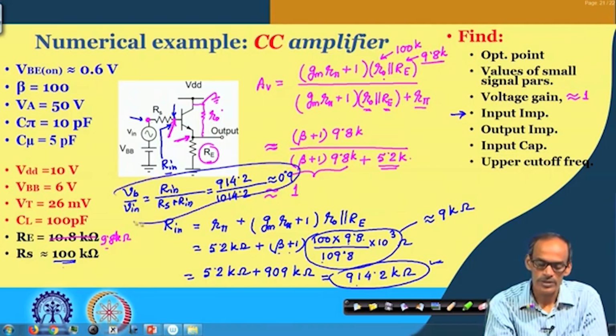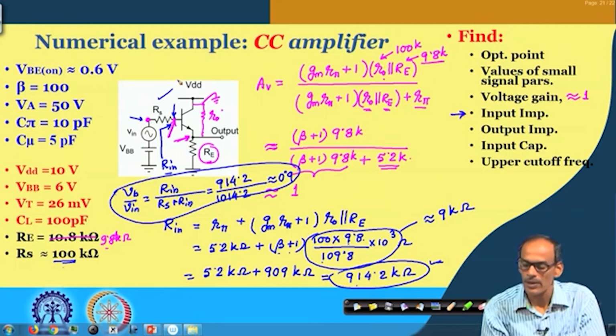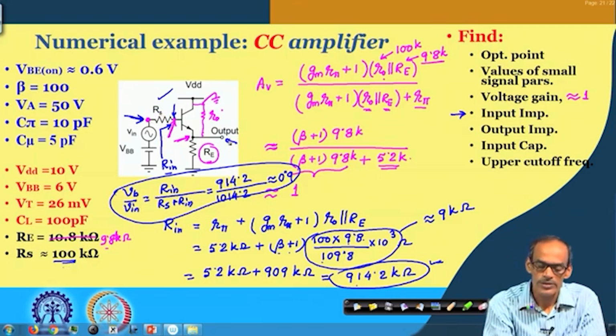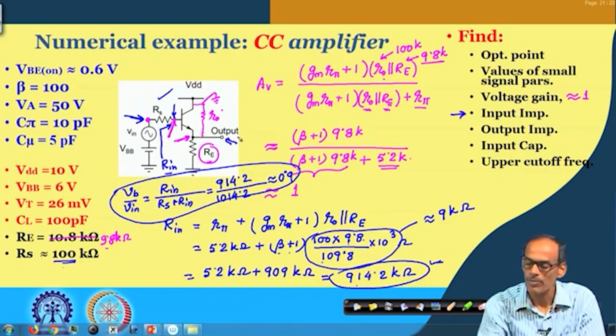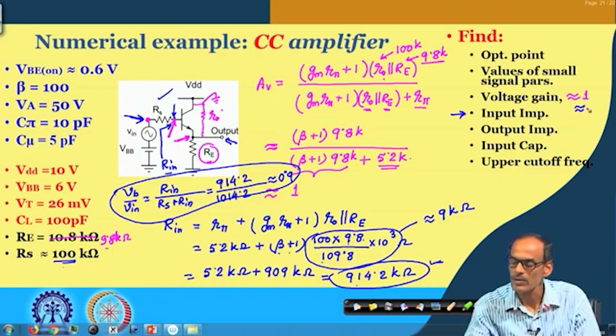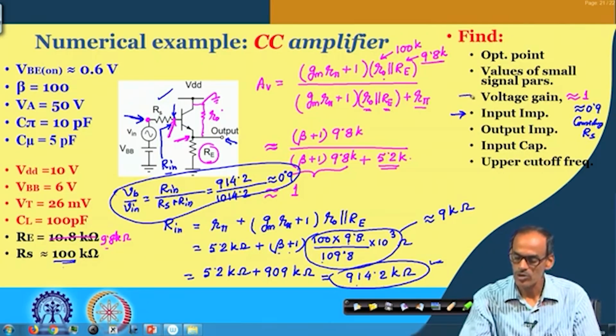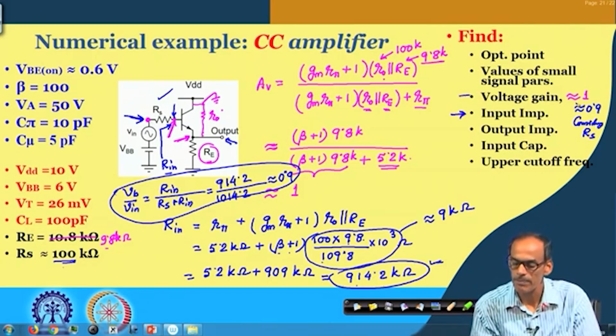So, even if I consider this finite value of R s, the voltage gain starting from the primary terminal to this point, even though R s is quite high, is still around 0.9. So, that is about the voltage gain remaining close to 1.